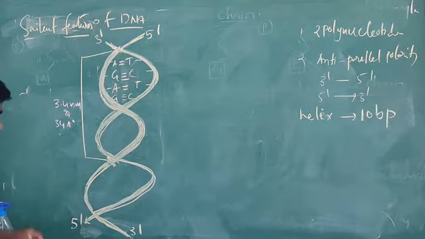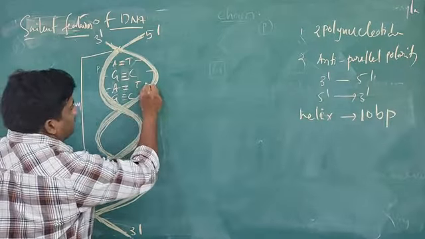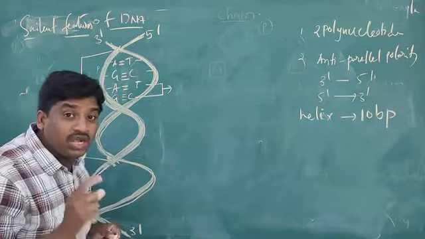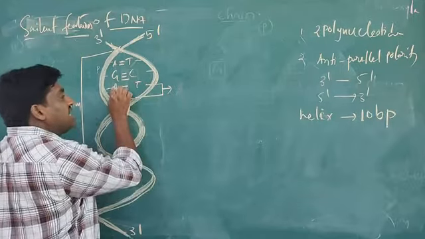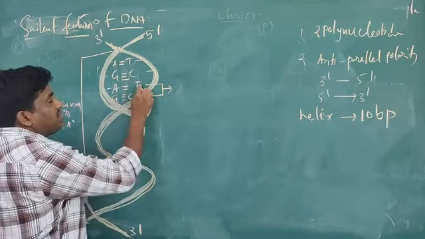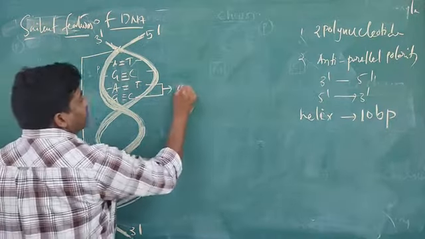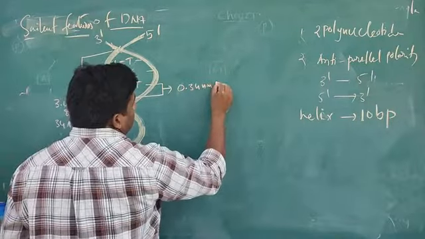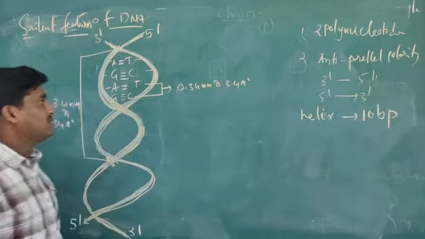Next, the distance between two consecutive base pairs. Here, between thymine and cytosine, adenine and guanine, the distance is 0.34 nanometers, or 3.4 angstroms.